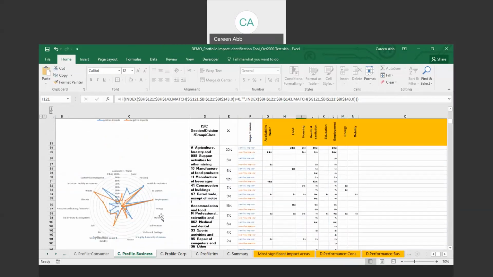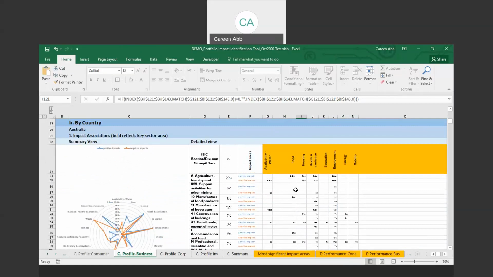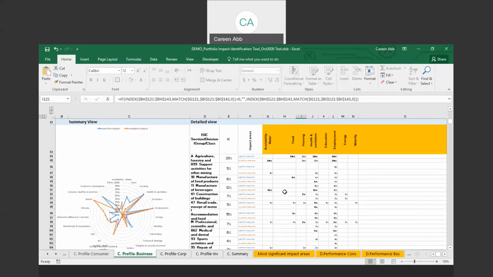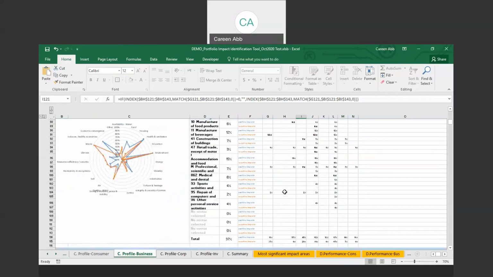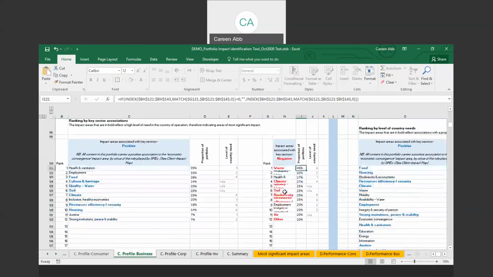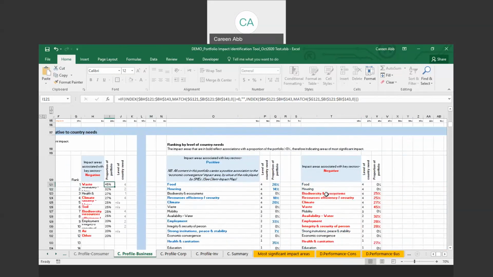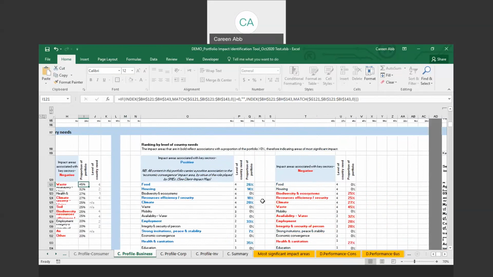You will recall in this table that some figures were bolded and others were not. The bold was for key sectors. So the figures that have been retained for this ranking are only those in bold. On the side, you see that the ranking is reproduced. The only difference is that instead of ranking according to the portfolio amount, we are ranking based, first of all, on the level of country needs.